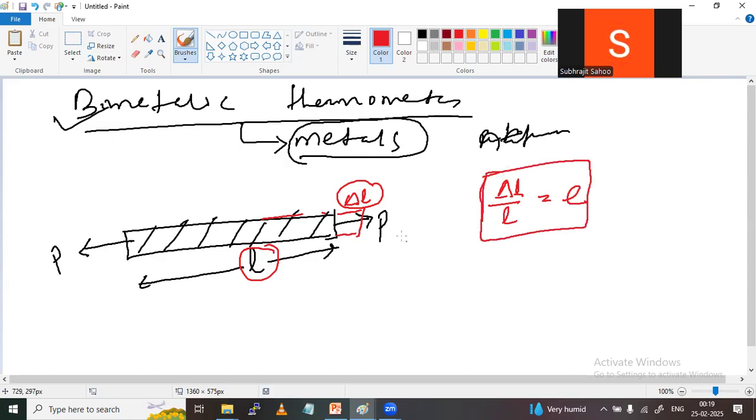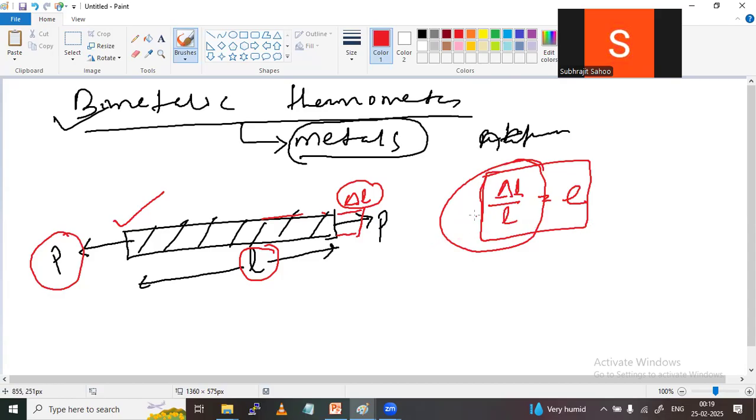What is my point here? Whenever any material or metal workpiece has force applied, deformation happens, which means strain is set up. Strain means change in length by original length. Changes happen to the dimensions in terms of length, diameter, area, volume; overall, the shape changes. If I apply the load, the shape changes.